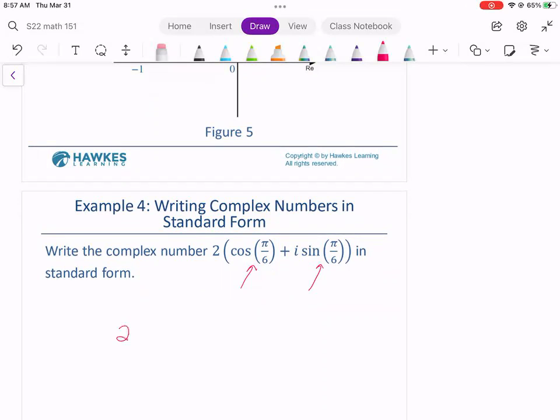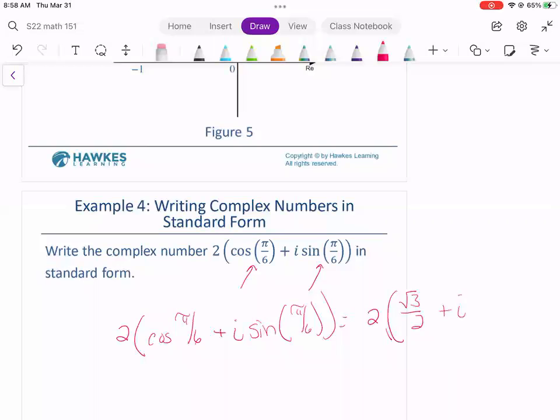So we know that 2 times the cosine of pi over 6 plus i sine of pi over 6, and we can get those values from our unit circle if you don't remember them, becomes 2 times the square root of 3 over 2 plus i times 1 over 2, giving us a complex number when we distribute the 2 of square root of 3 plus i.